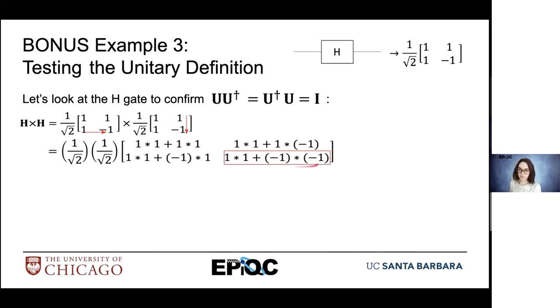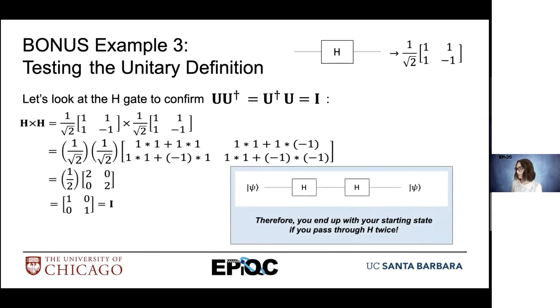Of course this is going to result in a positive 1. And then we have our coefficients that we pull to the front, multiply those to get a half. So we're left with 1/2 multiplied by 2. We simplify that and we get the identity operation. Therefore you end up with your starting state if you pass through H twice.